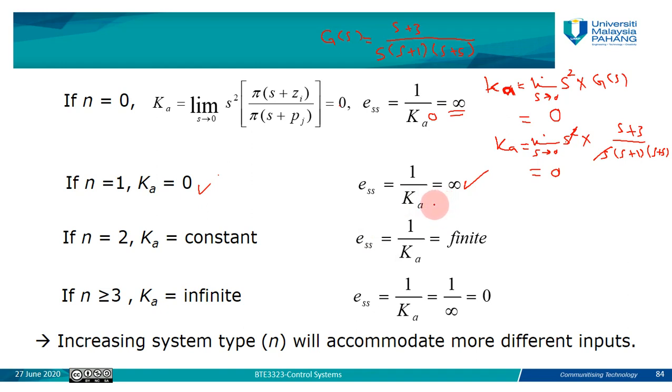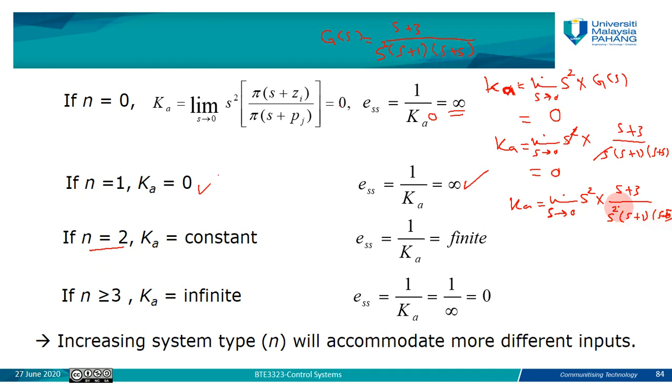The third case: if your system has n equal to 2, that means the system is type 2. In the case of system type 2, this becomes squared, for example. So you have Ka equal to the limit as s goes to 0 of s square times (s plus 3) over s square times (s plus 1)(s plus 5).